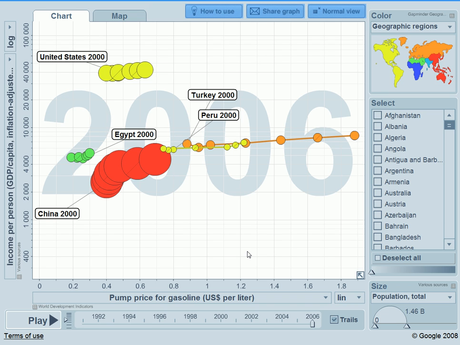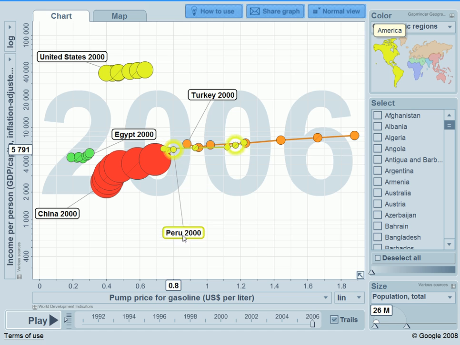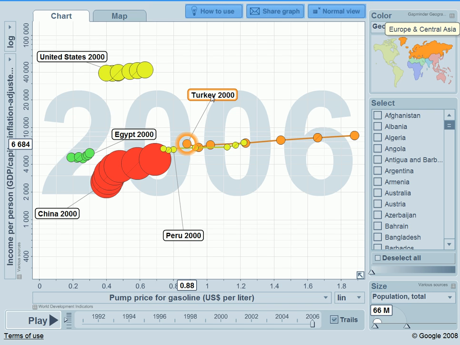It's a trail from 2000 to 2006. So let me see Turkey, the brown one. You can see the price of gasoline in Turkey is increasing ridiculously.